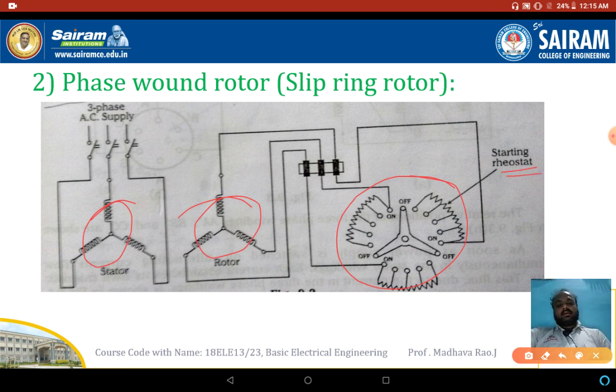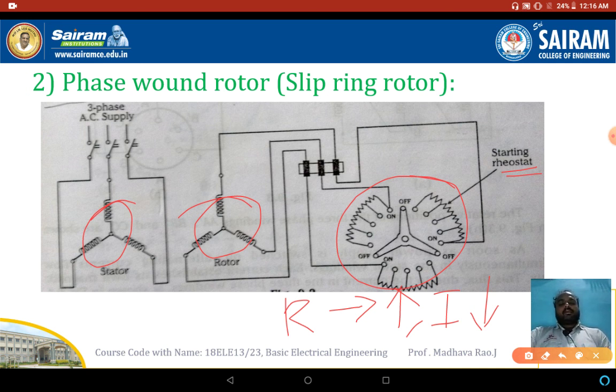At starting, a high amount of resistance is added to the rotor windings, so the current passing through the rotor winding will be less. Resistance is high, current will be less, right? Once the rotor runs at normal speed, the starting rheostat resistance is gradually reduced to 0.